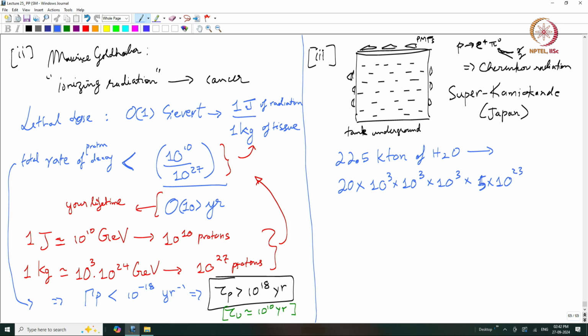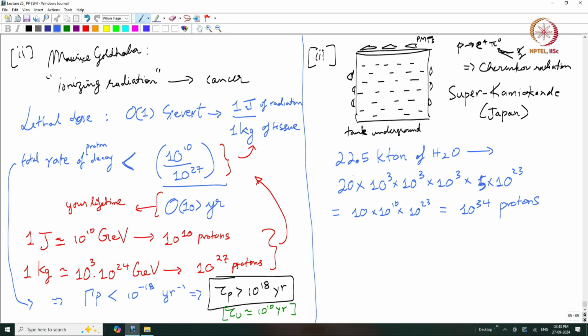That's Avogadro's number, roughly. Okay. So what is this? This is 2 times 5 is 10. Okay. Then I have 1, 3, 3, 3. So that's 10 power 10. And then I have 10 power 23. Right. So basically this is 10 power 34 protons.